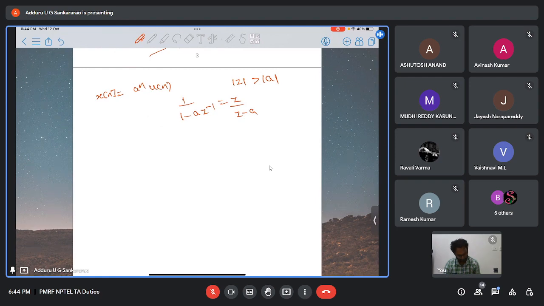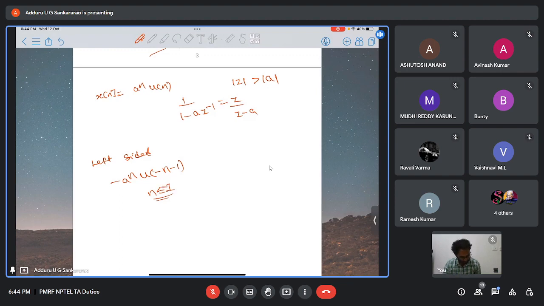Similarly, let us say we take a left sided signal, later you can try this. If x of n is minus a power n u of minus n minus 1, that means it exists only for n less than or equal to minus 1.